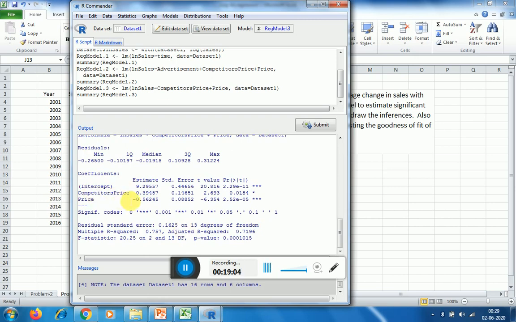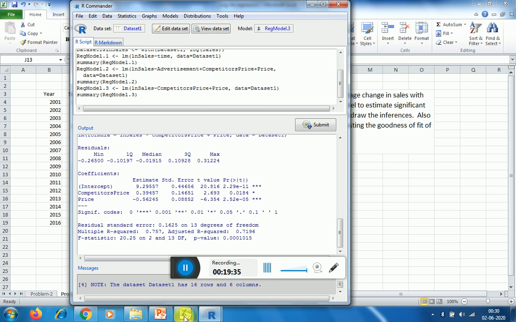So here we can say that if the company increases the price by 1 rupee, then the sales of the company are likely to fall by 56.24%, because we need to multiply this by 100. So if I multiply this by 100, the value will become 56.24.